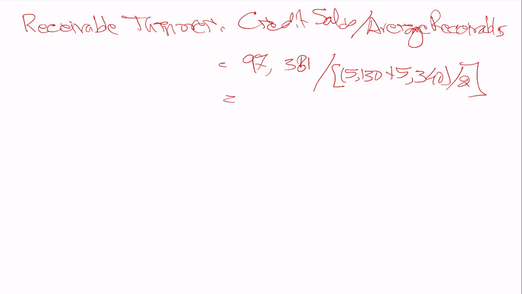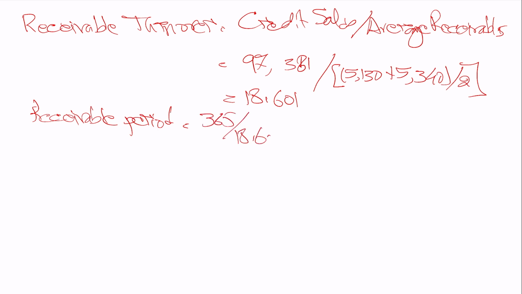So we get 18.061. So for the receivable period, we see 365 divided by 18.061. So we get 19.62 days.